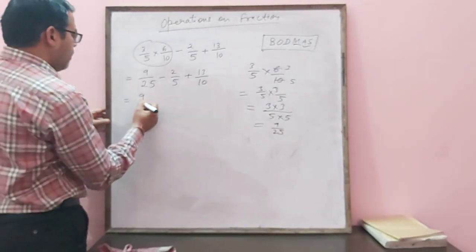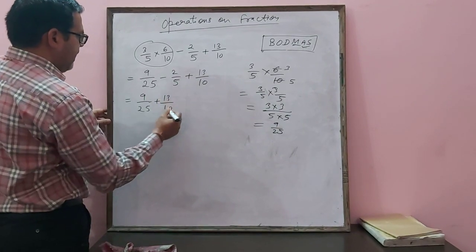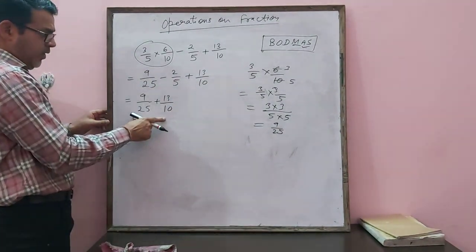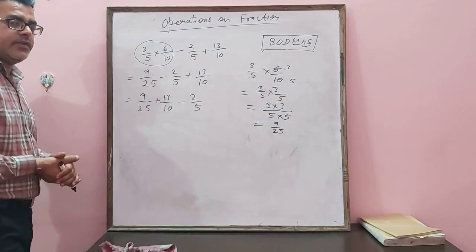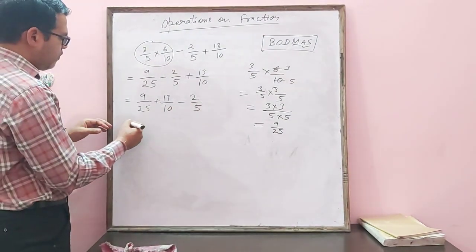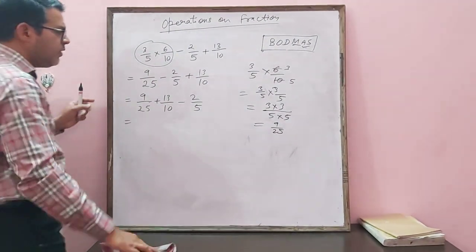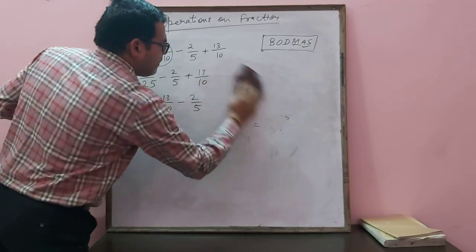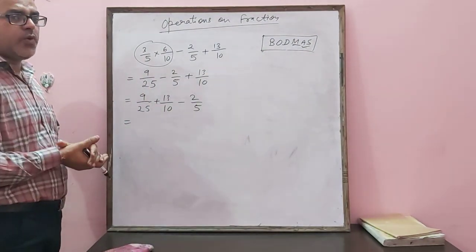So I am taking 13 by 10 and 9 by 25 together, and this minus 2 upon 5 separate. Now first we have to add these two. How can we add these two? These are unlike fractions. So we have to take the LCM of 10 and 25.